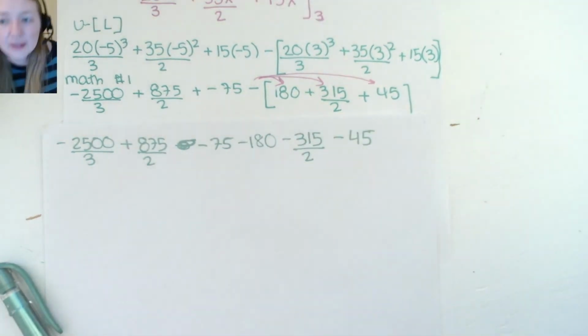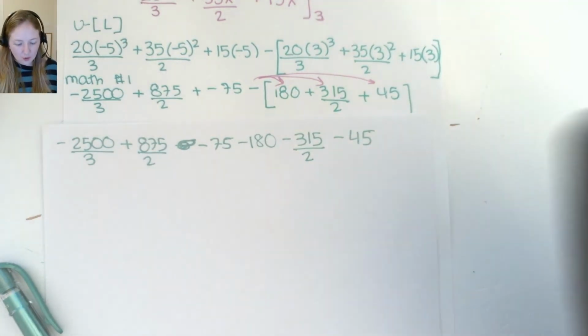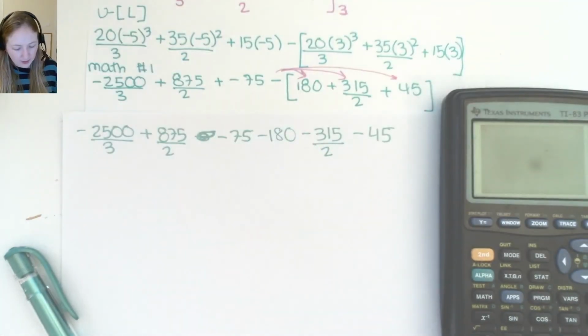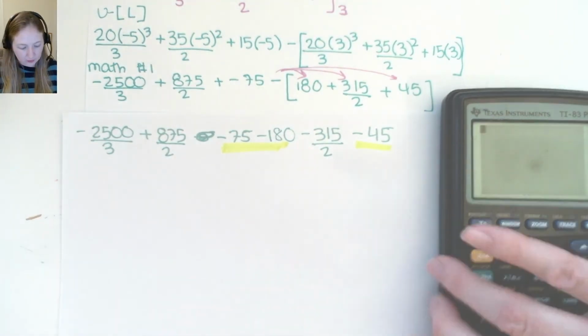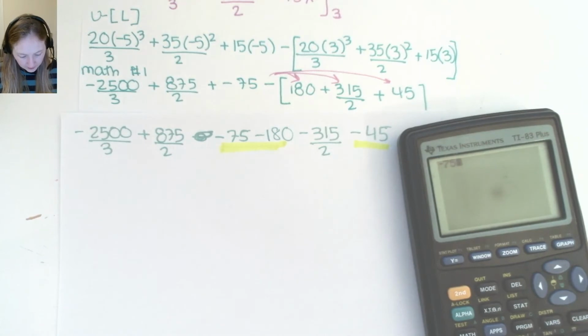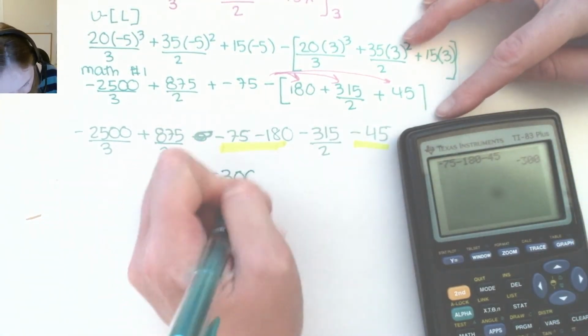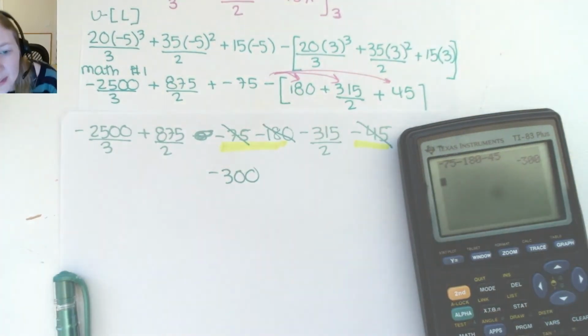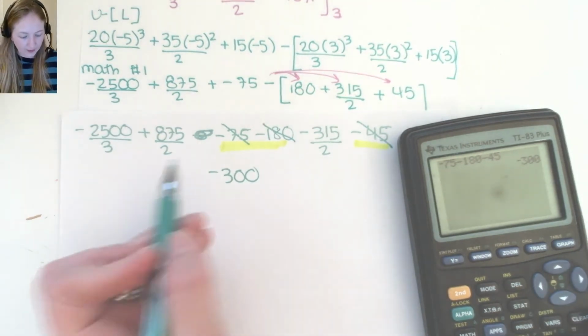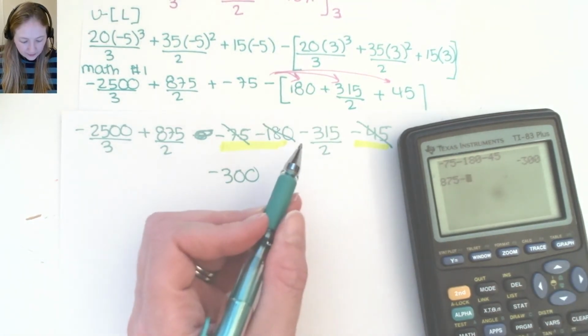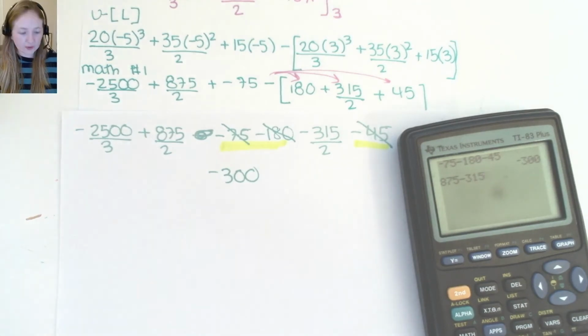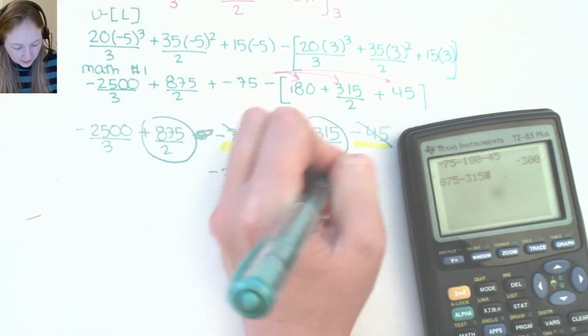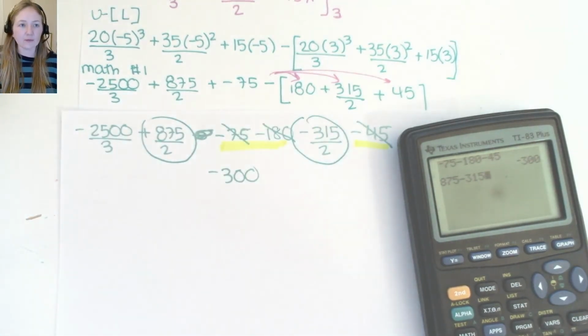Now, before I get a common denominator for everything, what I like to do is take my whole numbers and just combine those together. Okay, so my whole numbers here would be the negative 75 minus 180 minus 45. So that gives us negative 300. Okay, then what I like to do is say, this 875 and the negative 315, those two terms have a common denominator, so I can combine those together.